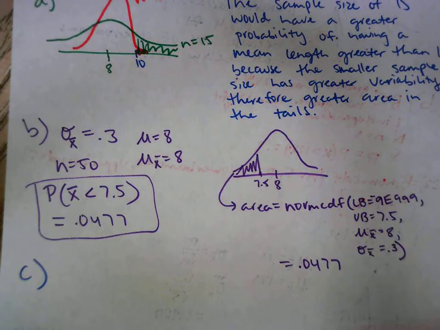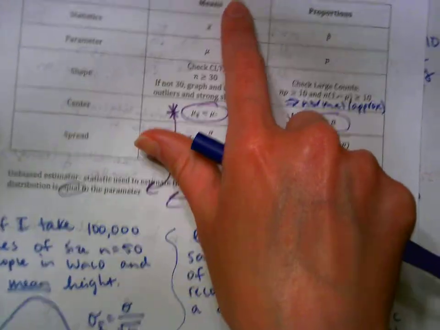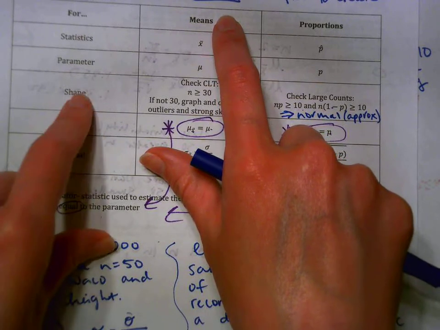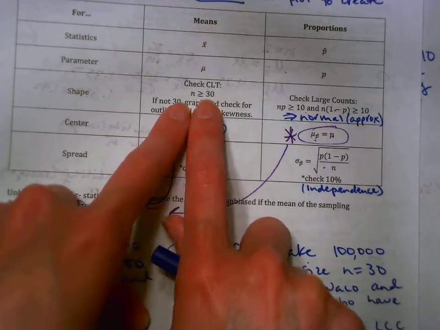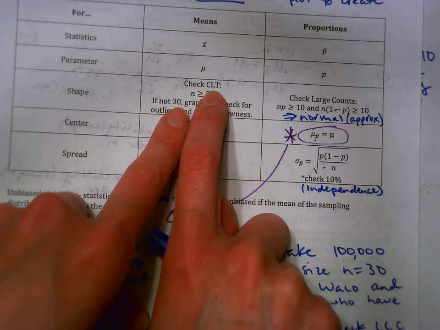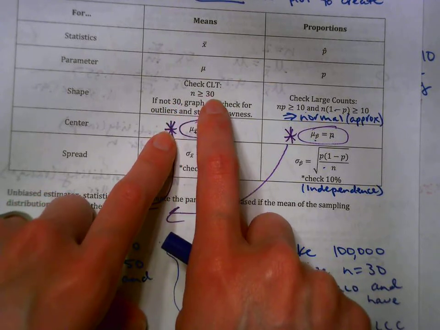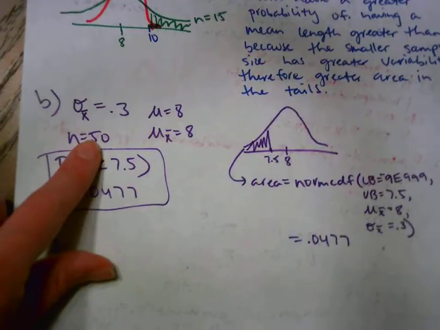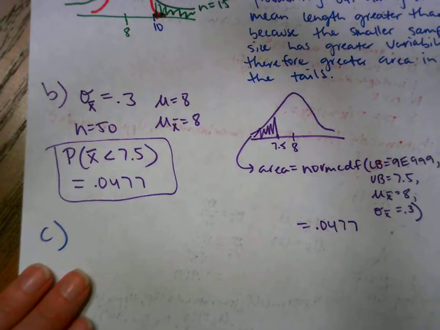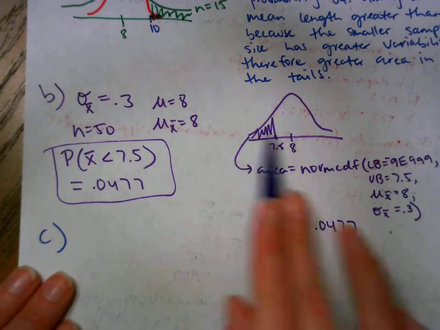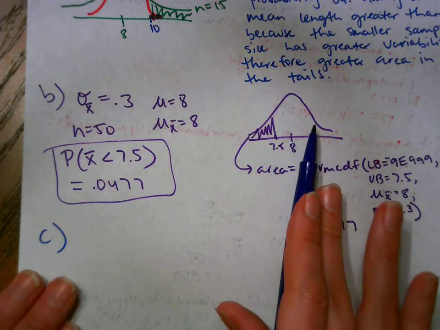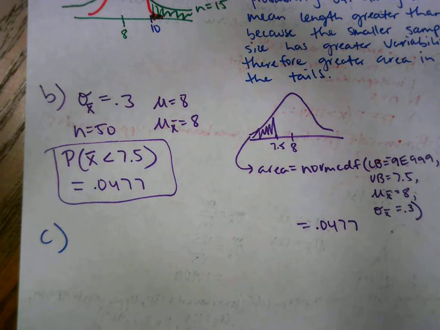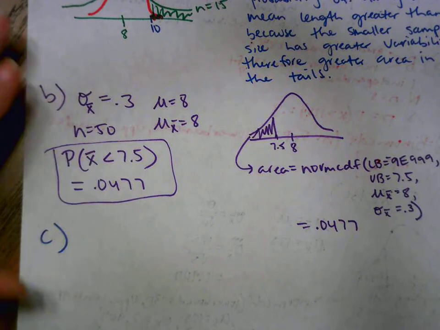If you go back to what we said for chapter 7, we're talking about a mean sampling distribution. The sampling distribution can still be normal if it follows CLT, if our sample size is greater than 30. So because our n is 50, by central limit theorem, our sampling distribution will still be normal even if the population was non-normal. So that's what we're going to write out.